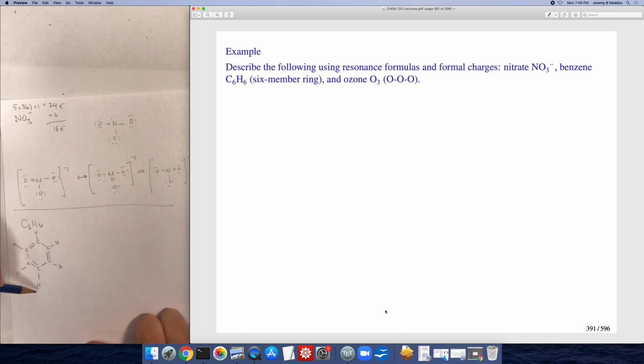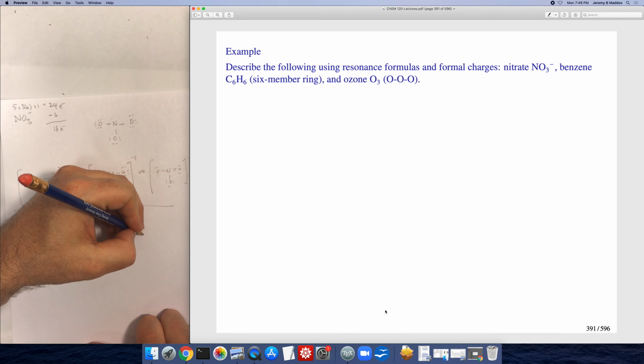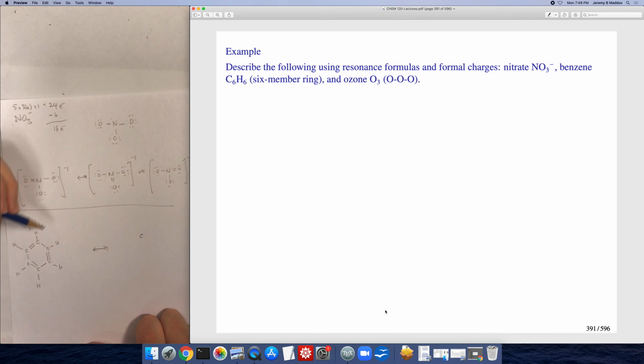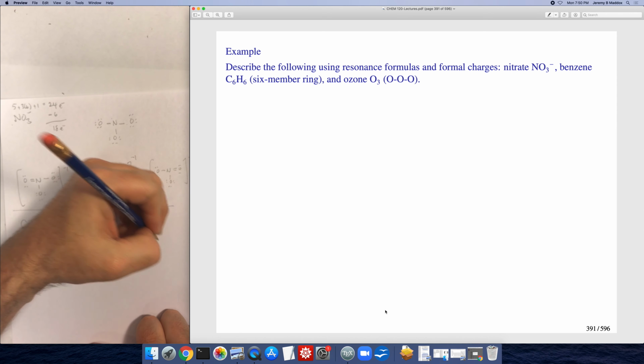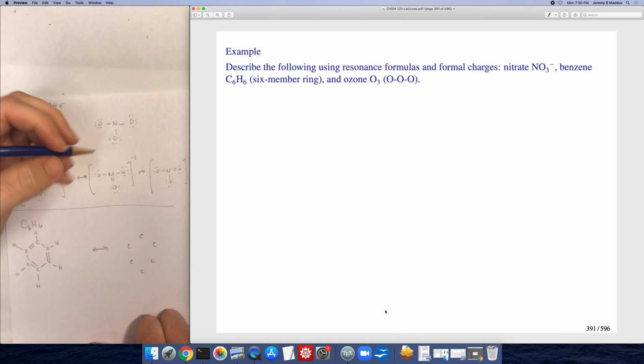But if you look at experimental evidence, what are the different bonds? What you find is that all of the carbon-carbon bonds in benzene are equivalent to one another. So really what we have is delocalized bonding. That is, these extra electrons here are spread out over the entire ring, giving us this second resonance structure here.